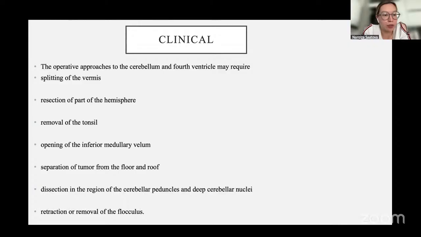When there is a Chiari malformation, or during some kind of surgeries which cause hindbrain herniation, this is the time when we can see the scarring of the tonsils and proceed surgically with them, opening of the inferior medullary velum, separation of tumor from the floor and the roof, dissection of the region of cerebellar peduncles and deep cerebellar nuclei, retraction or removal of the flocculus.